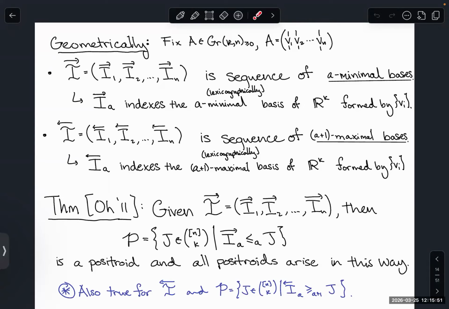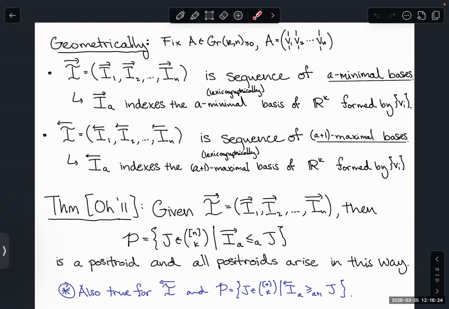Then the theorem that links this back as a bijection with our positroids and positroid cells is that if we're given a Grassmann necklace, then we can define this set of k-subsets of n where we include an element if and only if it's greater than each A-th Grassmann necklace term under this A ordering.